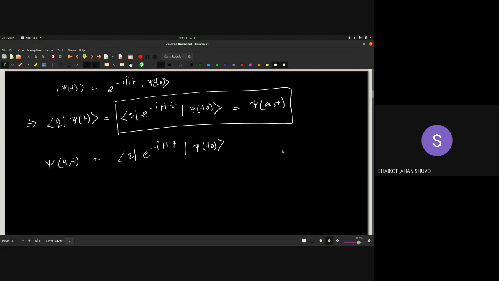Now are you familiar with this expression? This is a completeness relation, or so to say, the complete set of bases when your q is a continuous variable.